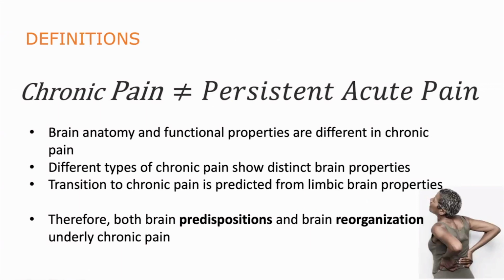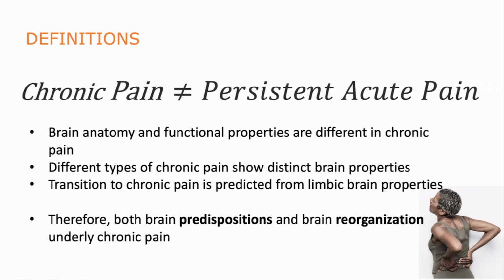Okay, I'm going to move on from acute pain to chronic pain. Again, I have a simple message: chronic pain is not the persistence of acute pain. Over the last 20, 25 years, my group and many other laboratories have been studying human chronic pain patients, their brain anatomy, their brain function.